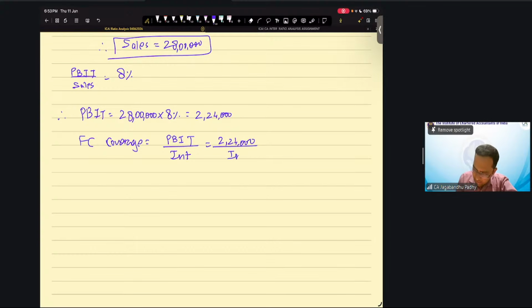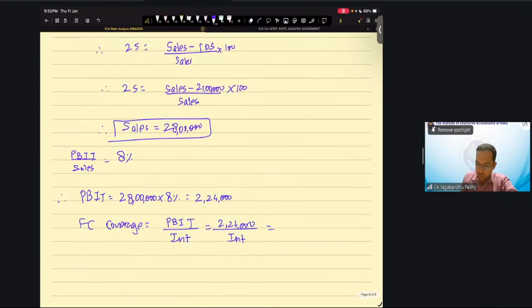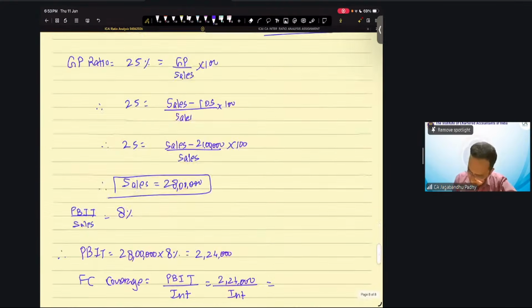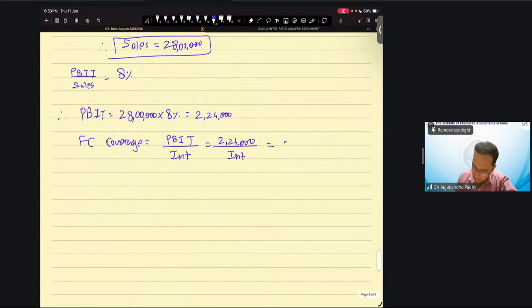The interest is something we don't know, but we know the fixed charges cover ratio is 8 times. So what will be the amount of interest from this? Can we compute the amount of interest from this?